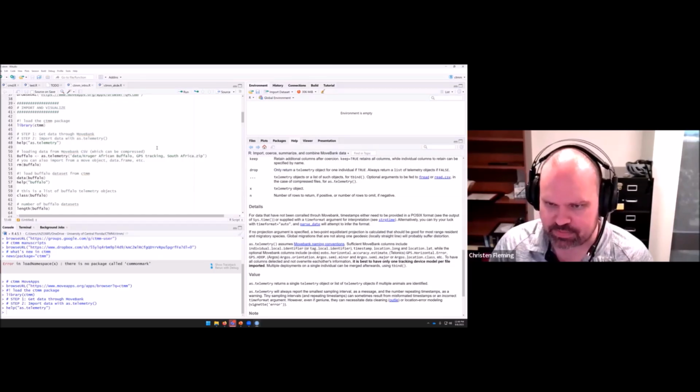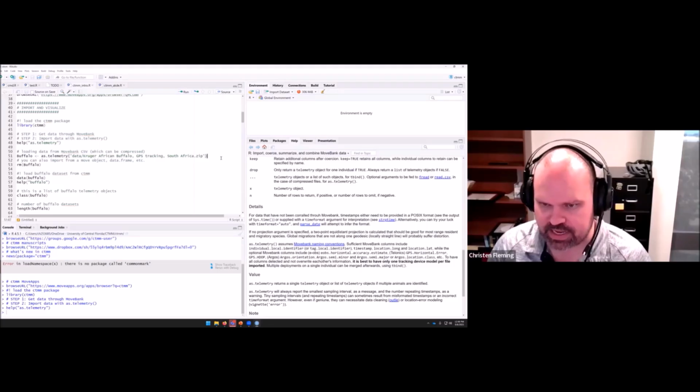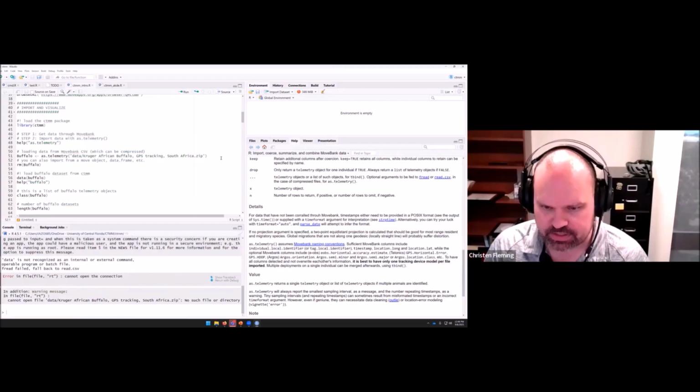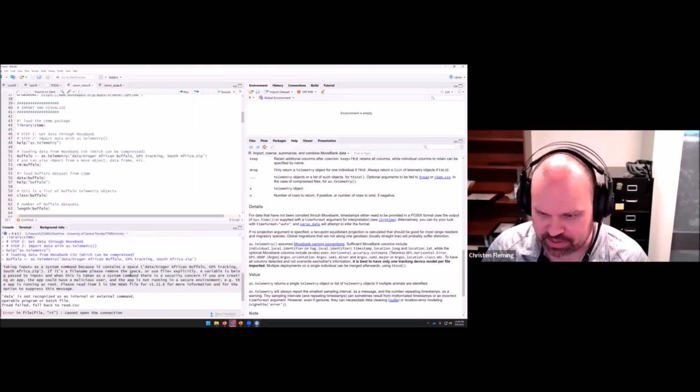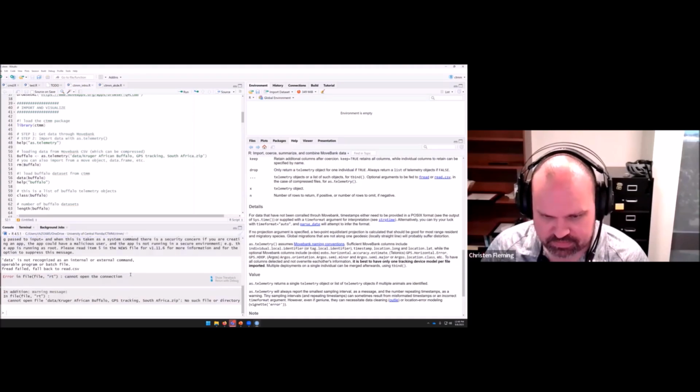But here is an example of a zip file that has a MoveBank formatted CSV, and you would just... they updated my computer here, and what is this? What is this?